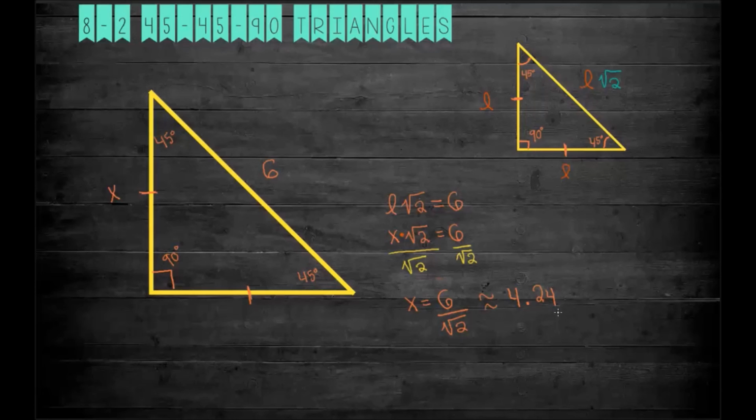So that tells me that the leg length here is approximately equal to 4.24. So that's how we figure this out if we are not given a hypotenuse length that includes our square root of 2. We just have to divide by the square root of 2.